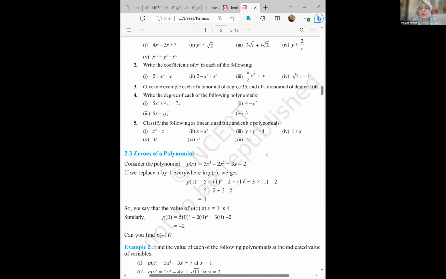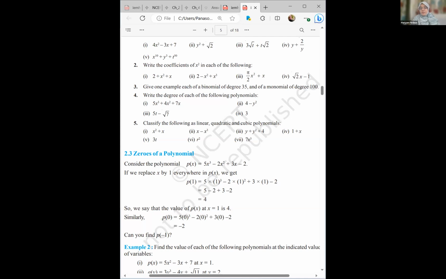Again, your cameras are off. Switch them on. Zen, fourth one, is it linear, quadratic, or cubic? Linear. Then Abdul Jabbar, fifth one? Linear.